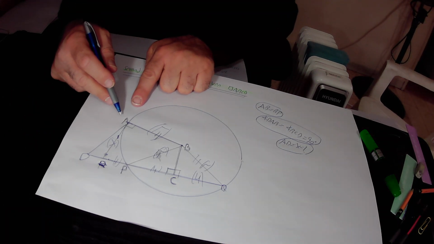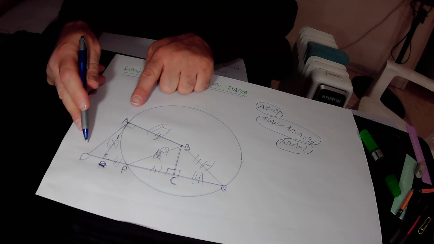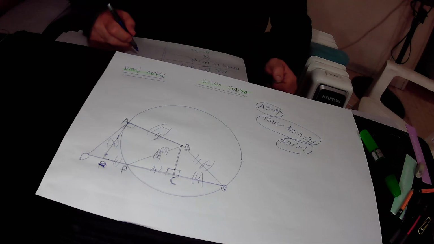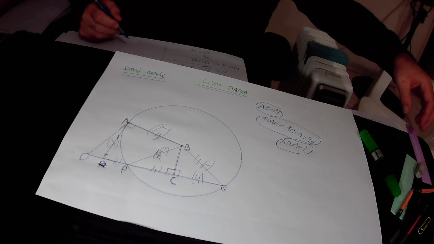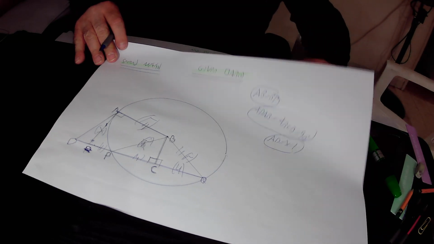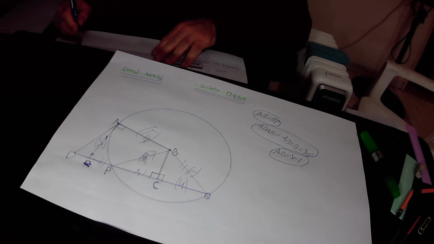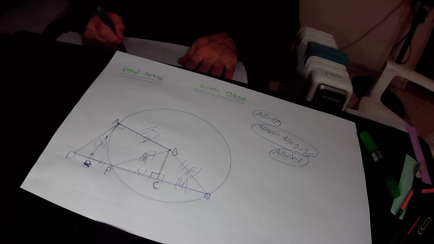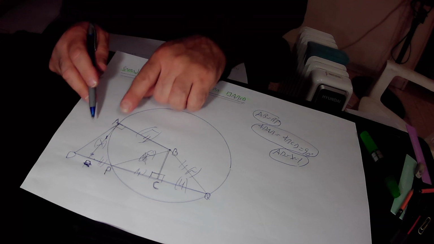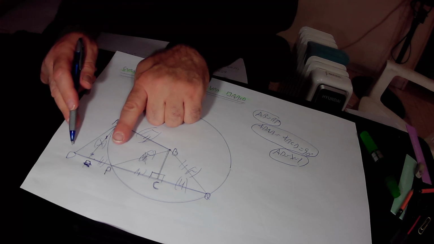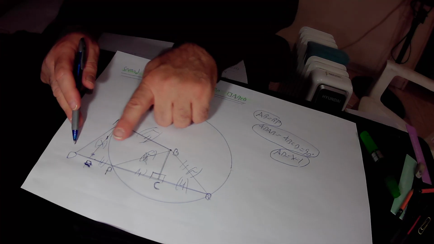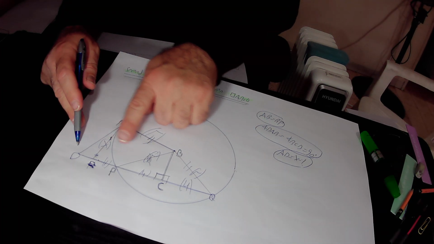The length of this tangent is dA, and the square of the length of this tangent is dA squared. It equals the product of the external part of dQ, that is dP, times the length of this secant in total, which is dQ.